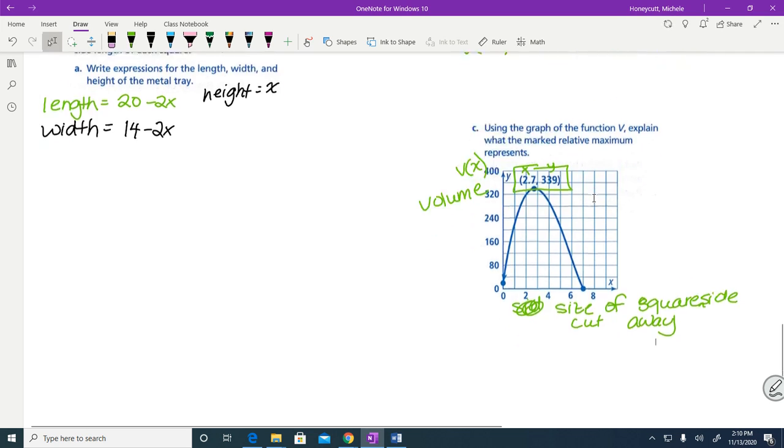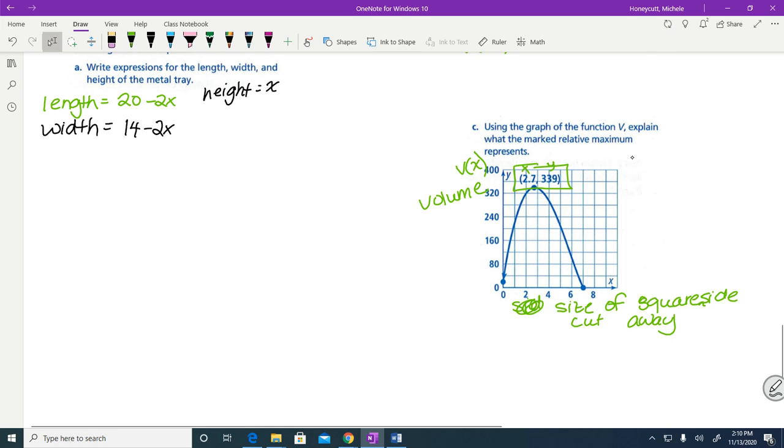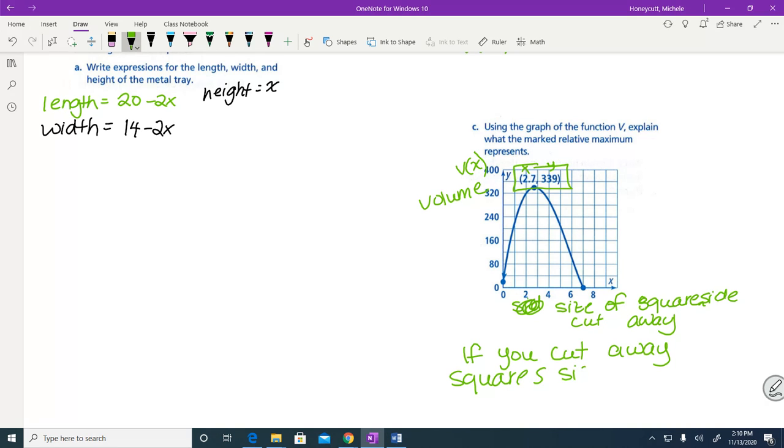So how do we interpret this? We would say if you cut away squares of size 2.7, what's the units on this?